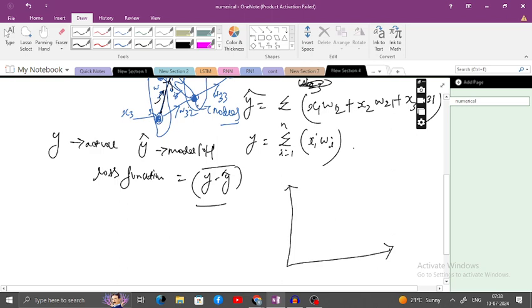We plot the loss versus weights, as you update the weights.